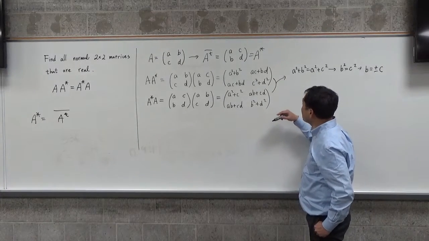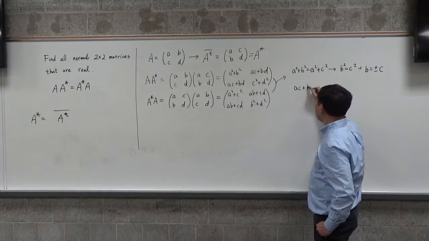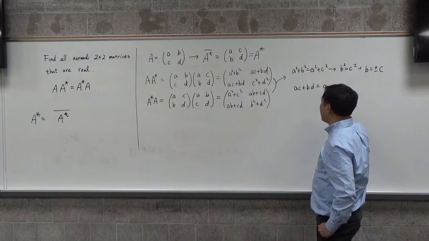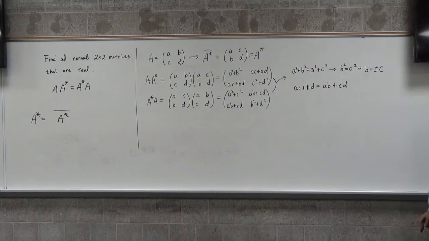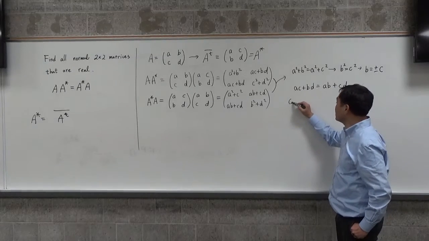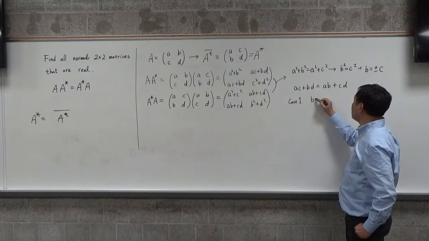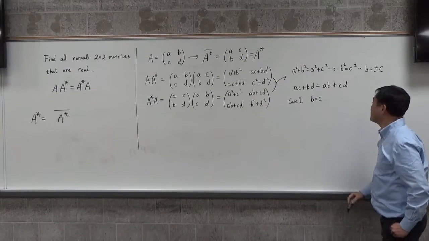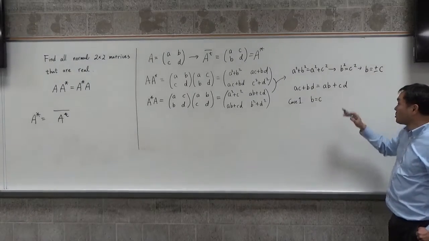So now the other condition is these two. You have AC plus BD equals AB plus CD. And there are two cases. Case one, if B is equal to C. Either B is C or B is negative C, and I just want to track those two cases.